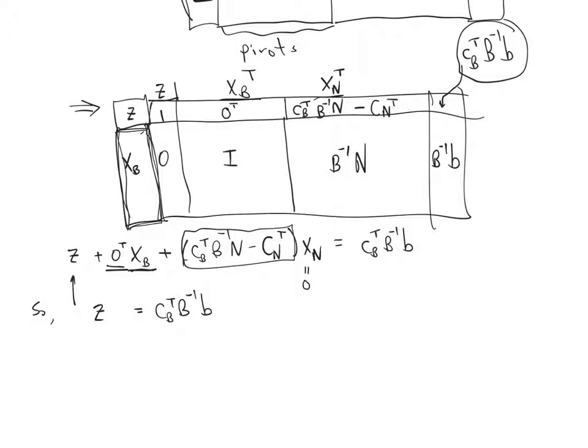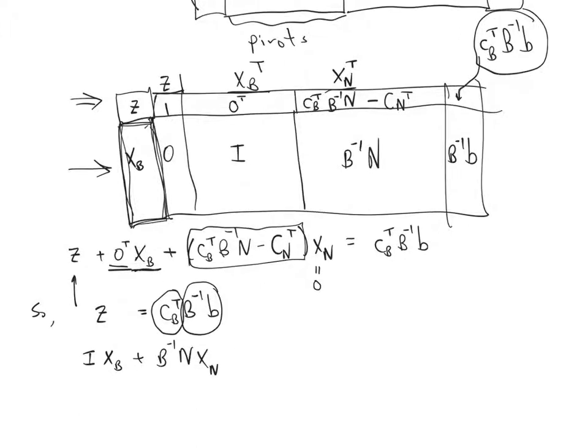So Z is the variable that's always telling us our objective function. And there's nothing weird about this either, by the way. These are the coefficients of the basic variables, and they're multiplied by the right-hand side values. Oh, and the other thing, if you look at the second row, it says that I times XB plus B inverse N times XN is equal to B inverse b.